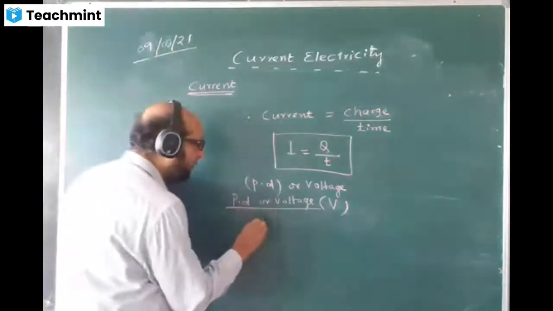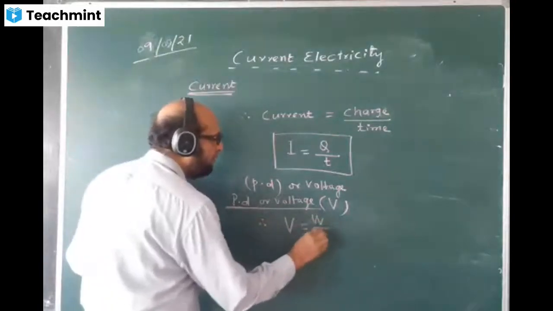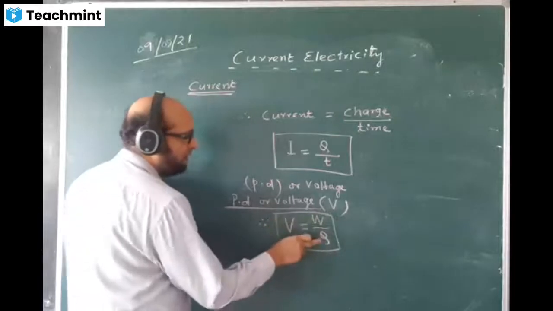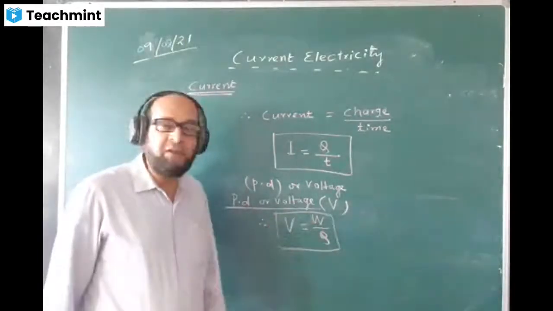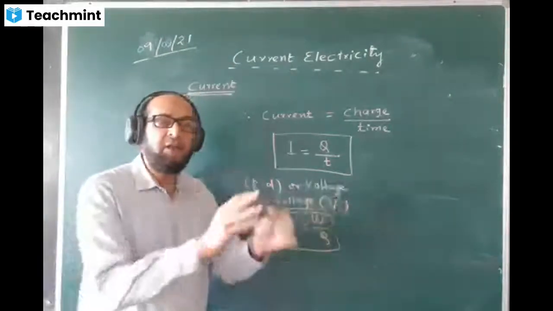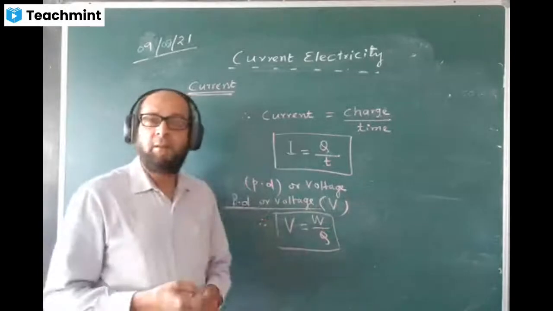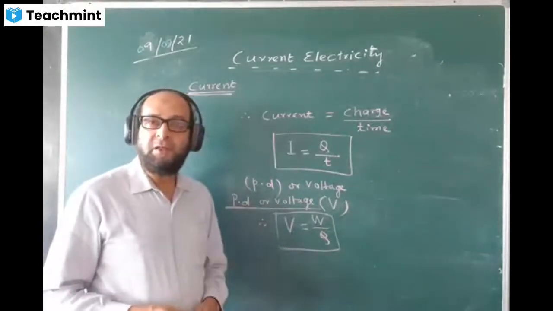Therefore, we write down the formula of voltage. Voltage formula: work upon charge, W by Q. Work upon the charge flowing. The amount of work per unit flowing charge. Whatever charges are flowing, to make the charges flow, how much is the work done? That is called voltage, or potential difference.